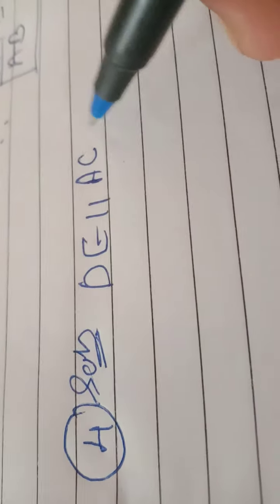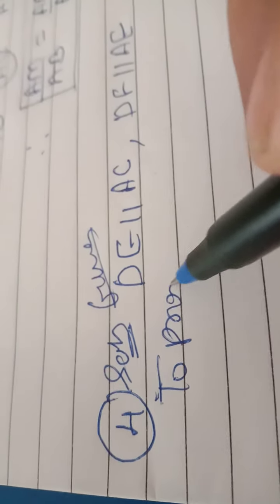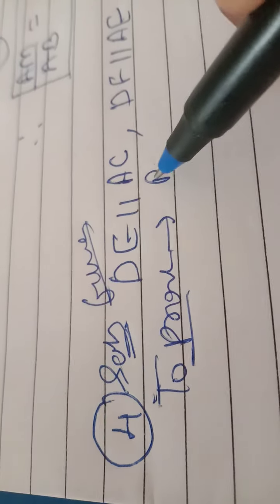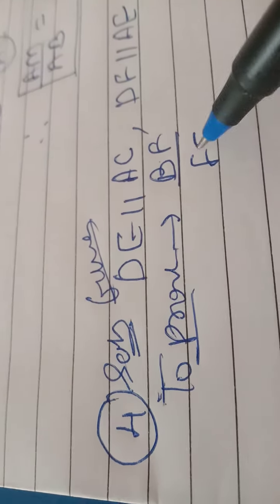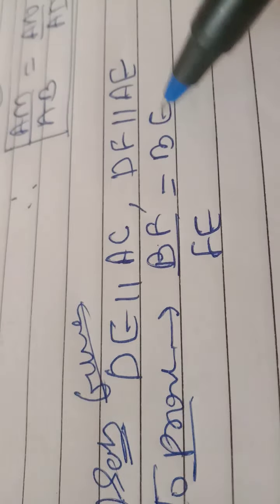Now in the question we are given that DE is parallel to AC and DF is parallel to AE. What is to be proved? We have to prove BF upon FE is equal to BE upon EC.